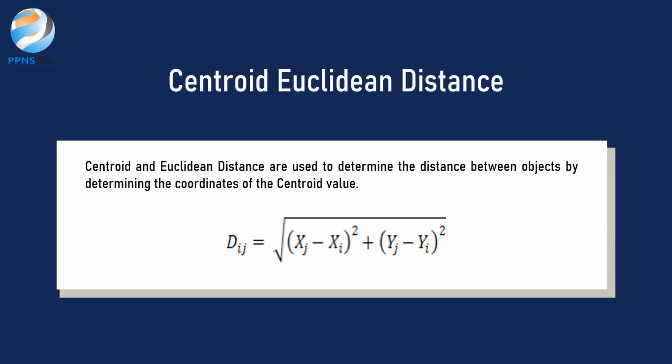And for the distance calculation, we are using Euclidean distance. This method is used to determine the distance between objects by determining the coordinates of the centroid value.